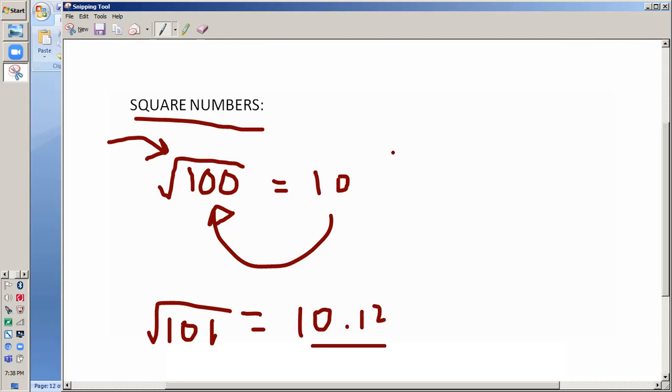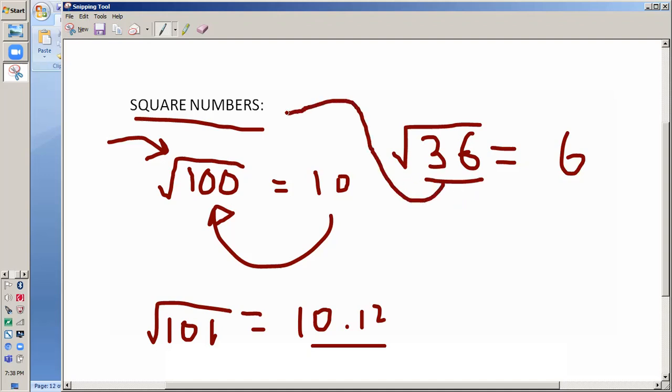What is the square root of 36, class? 6. What do you notice? It's a whole number, not true? So therefore 36 is a square number. All right, is 16 a square number?